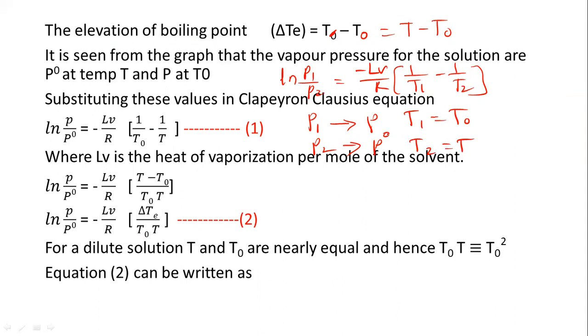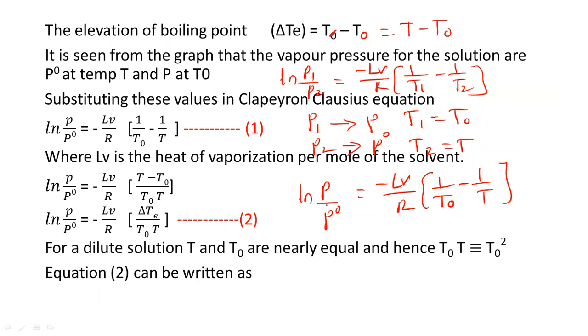Let us put these values of P1, P2 and T1, T2 into this equation. So ln P upon P0 is equal to minus LV upon R into 1 upon T0 minus 1 upon T, the higher temperature.